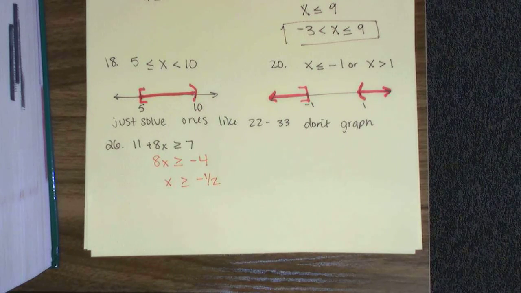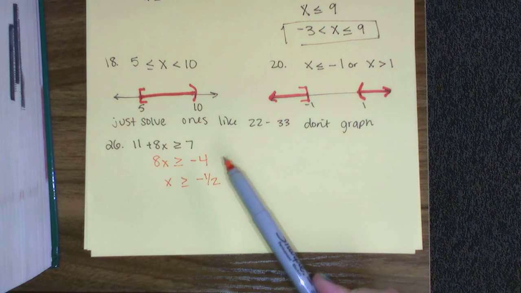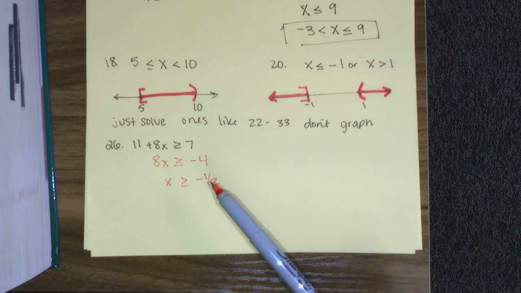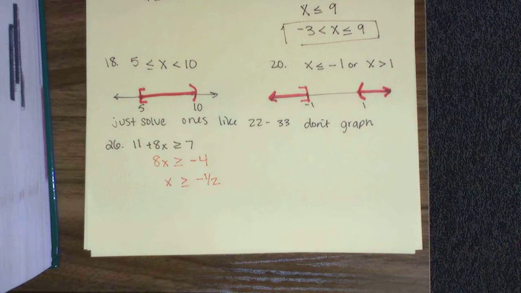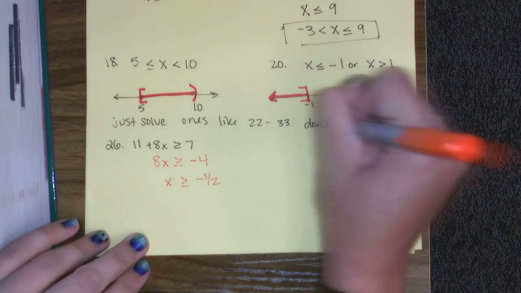You can choose to graph it if you want, but I'm not requiring you to graph it in your homework, to save you some time. I'm not just going to tell you to graph it; I'm going to give you a problem, say solve, then graph. Would y'all rather I not have you just do the graphing ones and you just graph these ones after you're done with them? Okay, we can do that. So ignore this.